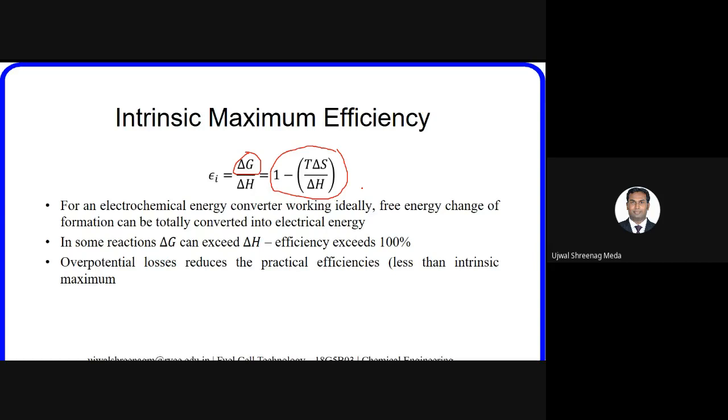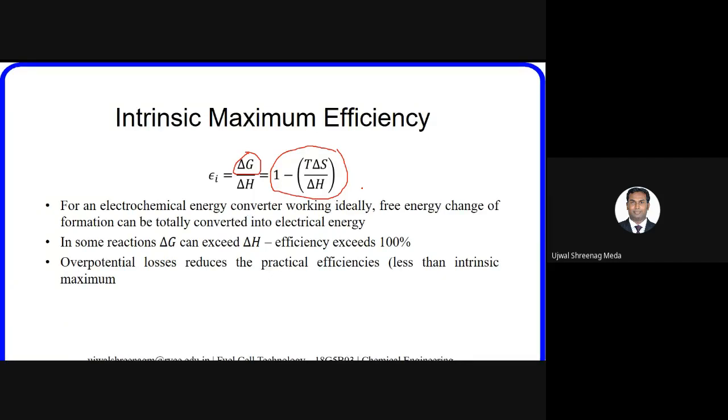So among these three terms, enthalpy, Gibbs free energy, and entropy, the enthalpy and entropy are not as sensitive as Gibbs free energy with respect to temperature. I repeat this statement.